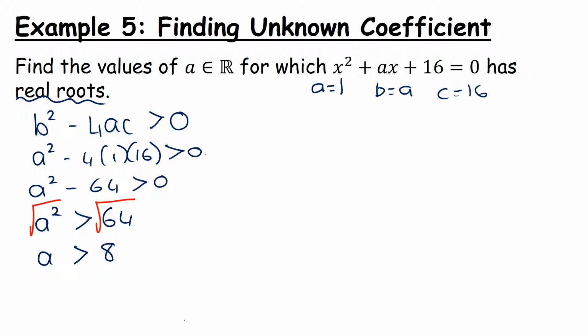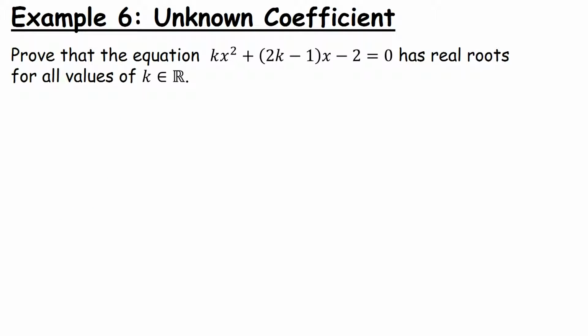However, when we take that, we'll be taking it with the opposite sign. So a will be less than minus 8. Those are the values where a is an element of the real numbers for which x squared plus ax plus 16 equals 0 has real roots.